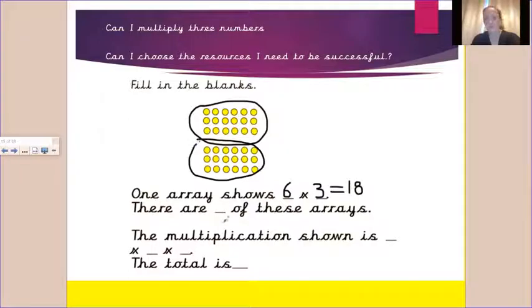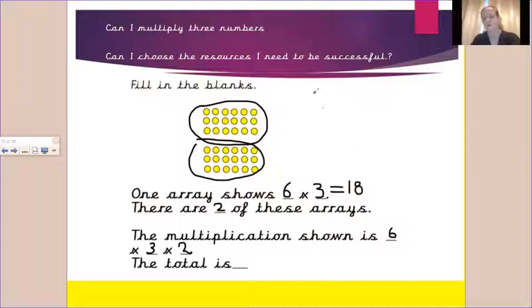So that question is going to say, there are 2 of these arrays. So the multiplication shown is going to be 6 times 3. And then 6 times 3 and 6 times 3, there are 2 of those. So it would be 6 times 3 times 2.